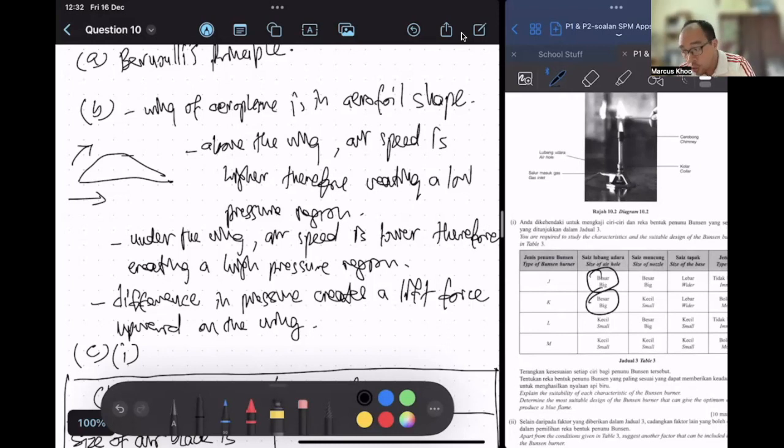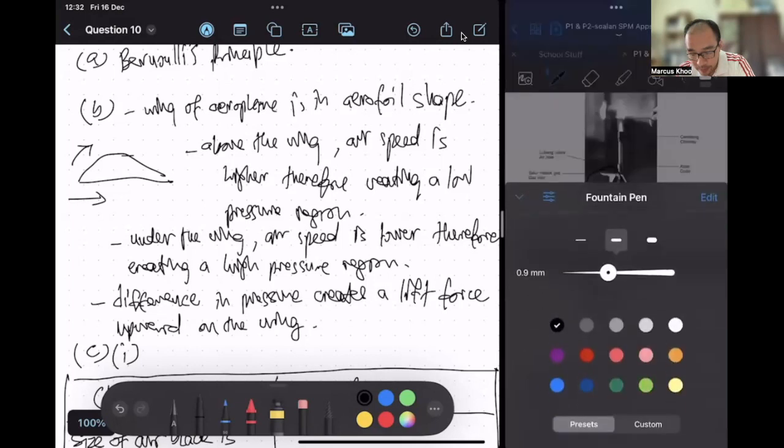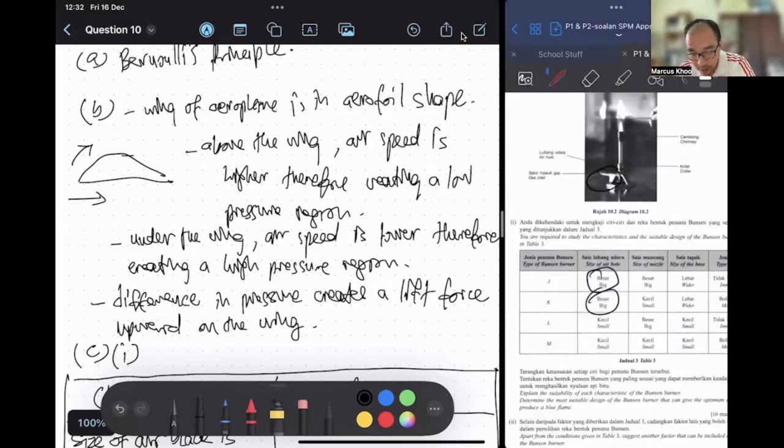I'm assuming the nozzle is the one in here, where the gas will come out. We want the gas nozzle to be small. Small means high velocity, low pressure, and therefore the air from the outside can come in.